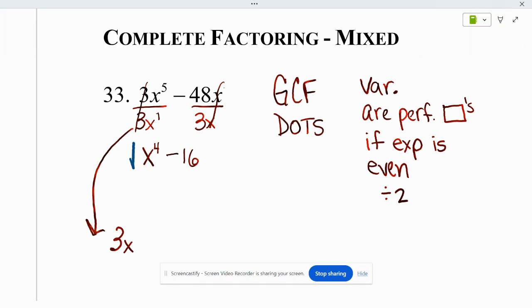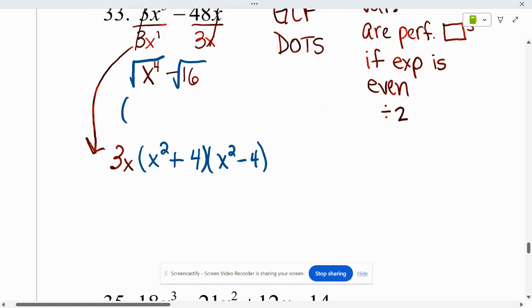Let's see. What is the square root of x to the 4th? X squared. And what is the square root of 16? It's 4. So I have x squared plus 4 and x squared minus 4. But I think this is a tricky one. This is why I wanted to do this.